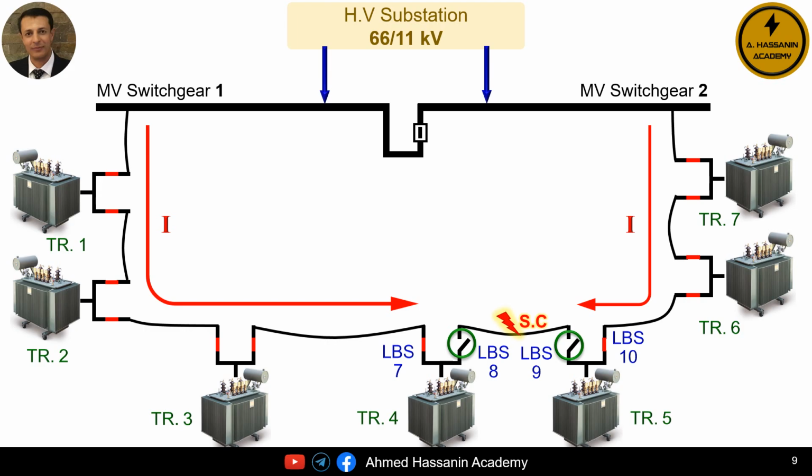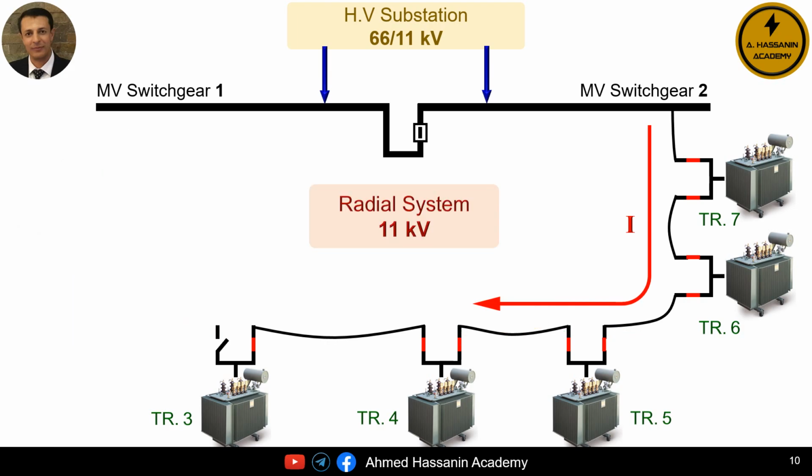However, in the case of the radial distribution system, the supply is taken from only one source or a single switchgear, unlike the ring distribution system, which is characterized by supplying all transformers through multiple switchgears. Therefore, if a fault or short circuit occurs on one of the medium voltage MV cables in the radial distribution system, unfortunately, as shown in front of us, we will observe that transformers number 3 and 4 become completely de-energized.